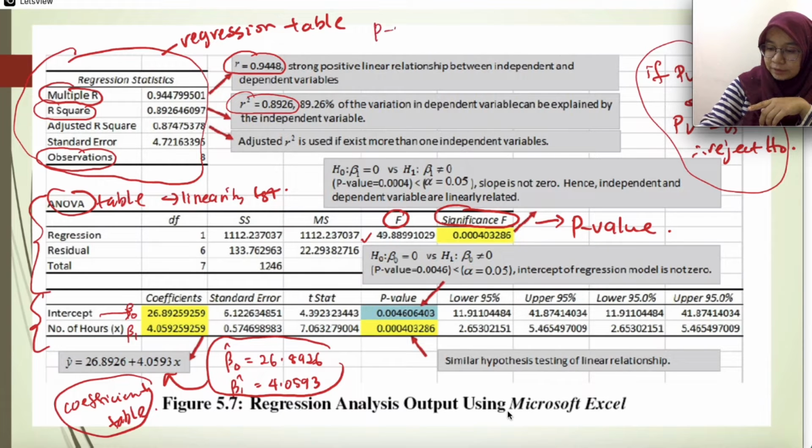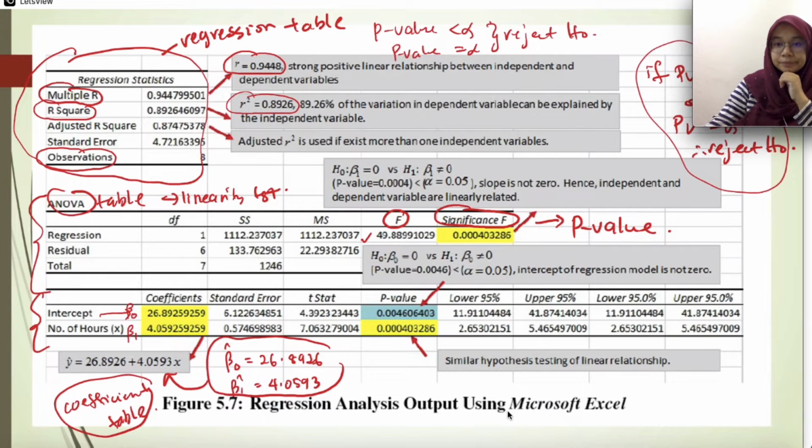I put here that if p-value is less than alpha or equal to alpha, you have to reject H null. Either one is fine. If you want to use the F test, you have to find the F critical value. If you want to use the p-value, you just compare with the alpha.